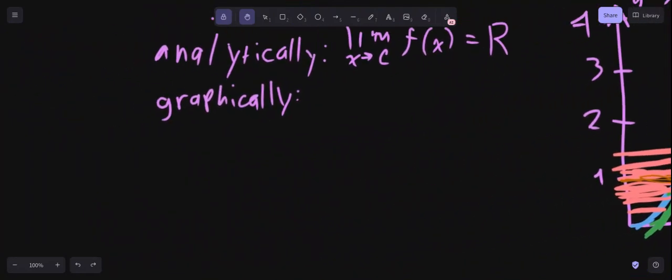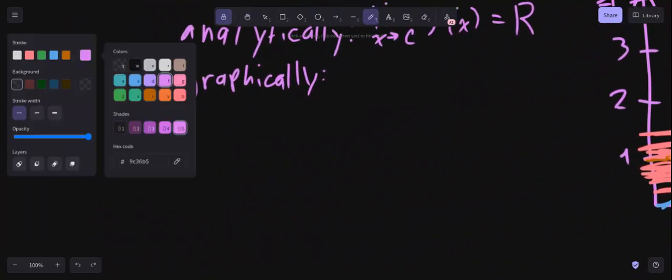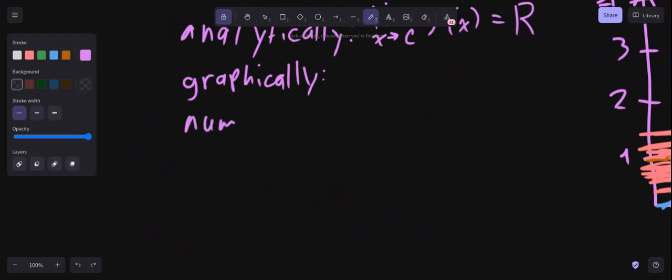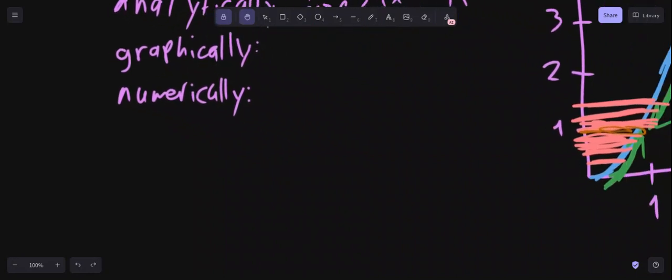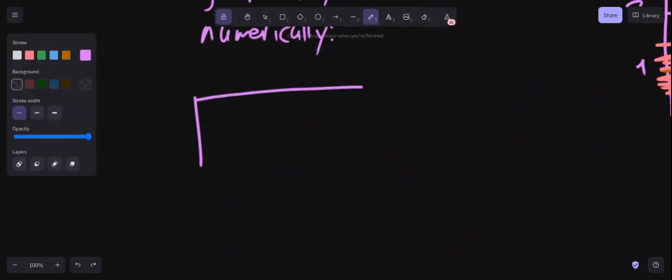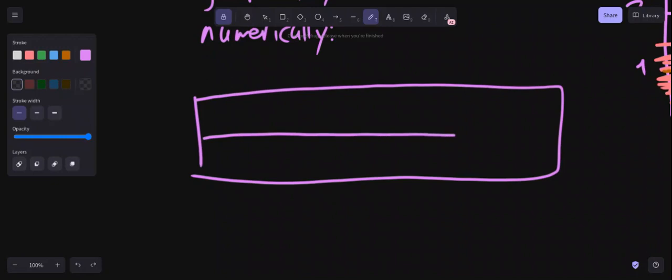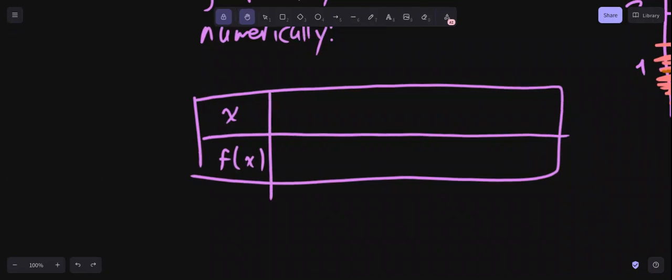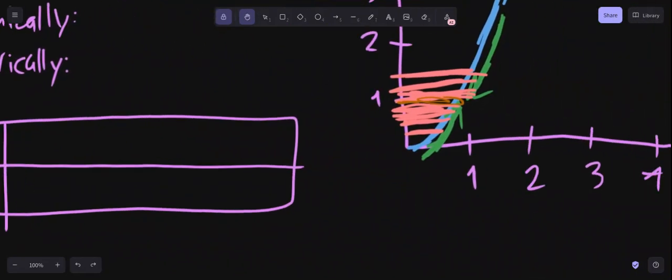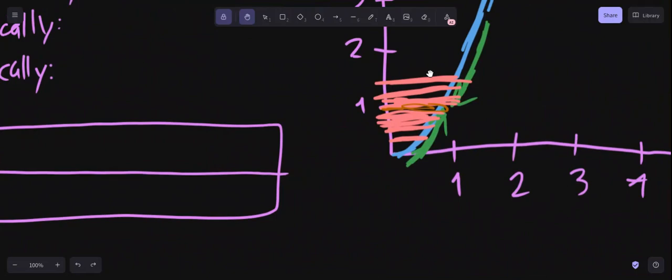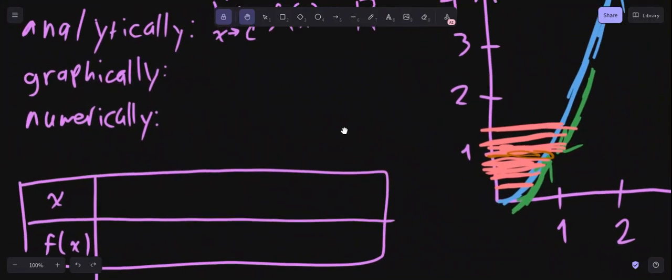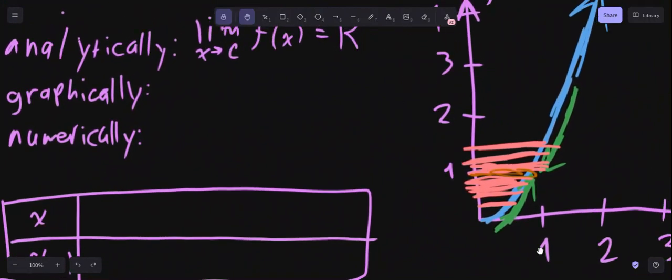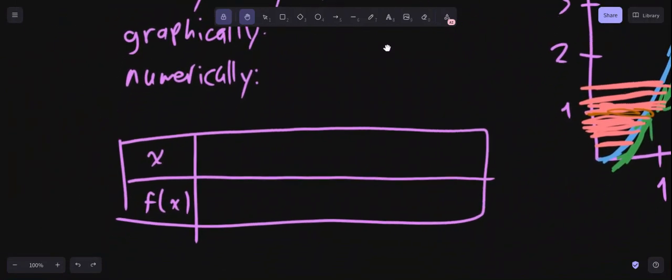Or another common method of representing limits is numerically, which essentially just refers to a table of values. x and f of x. So just like in the graph, we want to take values of x that are getting arbitrarily closer and closer to x equal to 1, but not equal to 1.